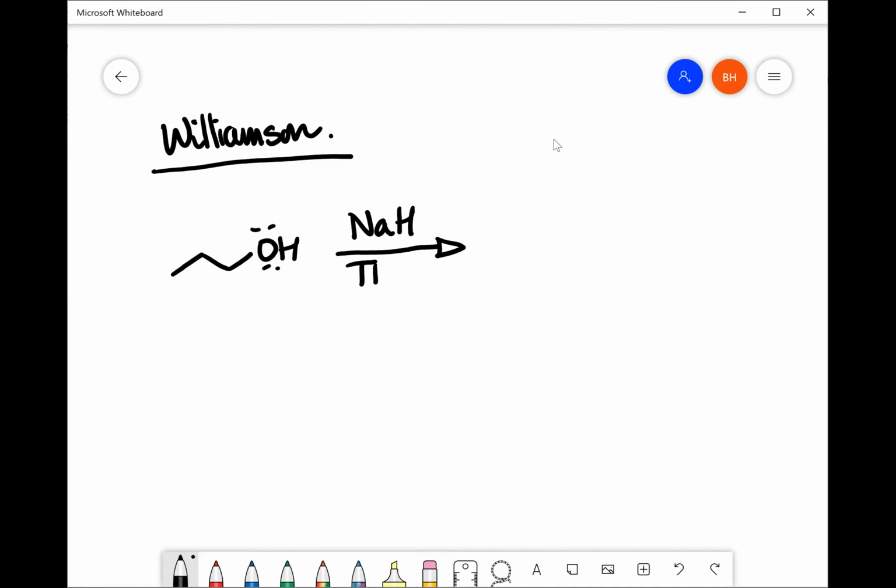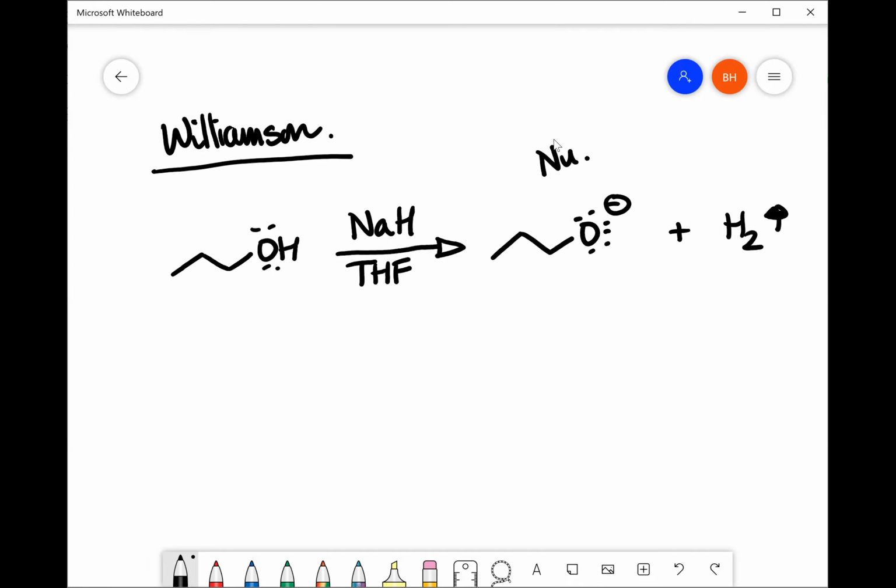So put this in THF. The hydride deprotonates your alcohol, and this gives you your anion plus H2 gas, which bubbles out. The reason why sodium hydride is used is because it makes this step irreversible. Hydrogen bubbles out, and you've formed what will become your nucleophile. And we want it to behave as a nucleophile and not as a base.